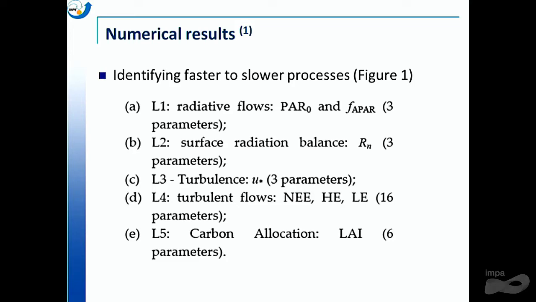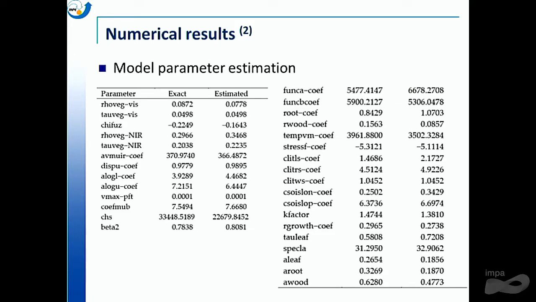Okay, and so I'm going to identify, firstly, the faster parameters here. And after I have identified these parameters using my genetic algorithm for a multi-objective function, I'm going to freeze them and start to identify the other group of parameters, and so on. Okay? And there we go.